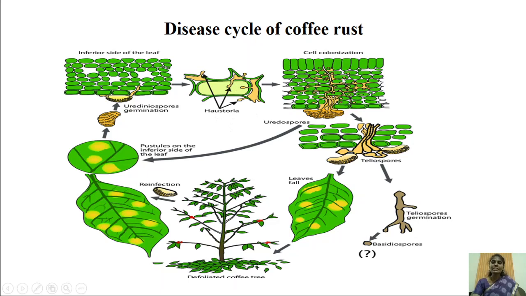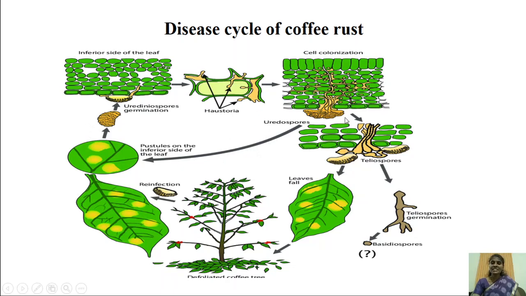After establishment, when it attains a certain stage of maturity, it produces a sorus, uredosorus, in which a number of reddish-brown or orangish-brown spores called uredospores are formed, which on detachment, when they come in contact with a fresh leaf of coffee, again have the capacity to infect and produce hyphae. So this is the normal cycle which takes place.